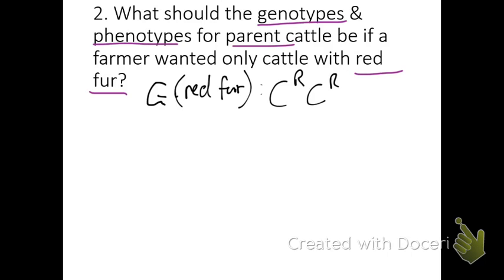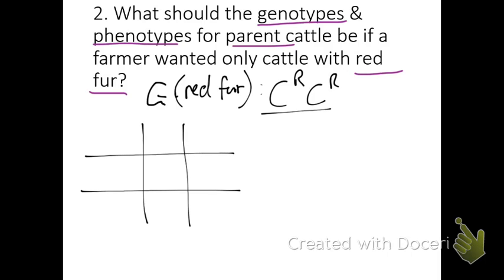Since that's the only genotype we want to get that phenotype, there's really only one cross that can cause that, right? Because all of our offspring have to get two red alleles. They have to get a red allele from their mum and a red allele from their dad. And that sounds weird to say about cows.